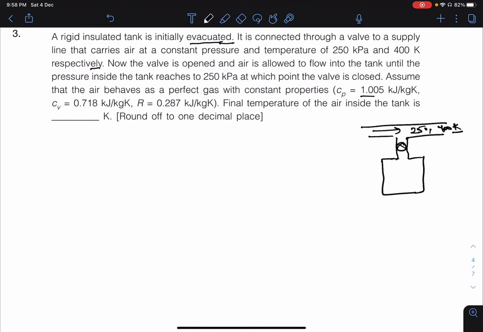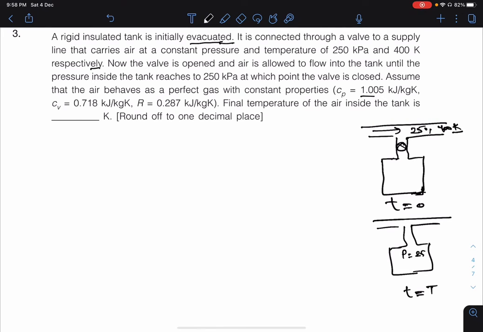So there is only one inlet, there is no outlet at this point. This question is basically related to steady state, steady flow. Suppose at t equal to 0 this is the condition of the tank, and at time t, when the gas reaches a constant temperature, the final conditions in the tank are P is equal to 250 kilopascal.